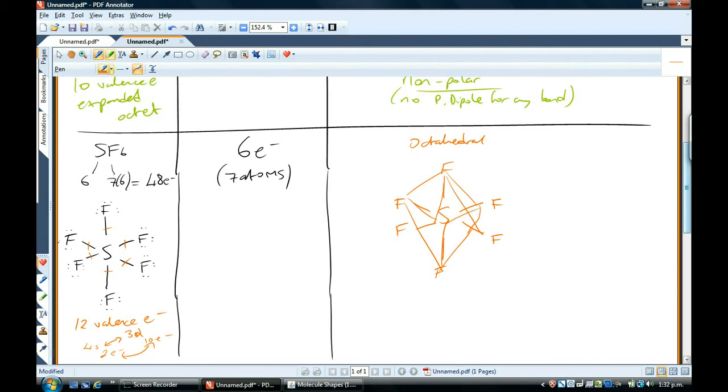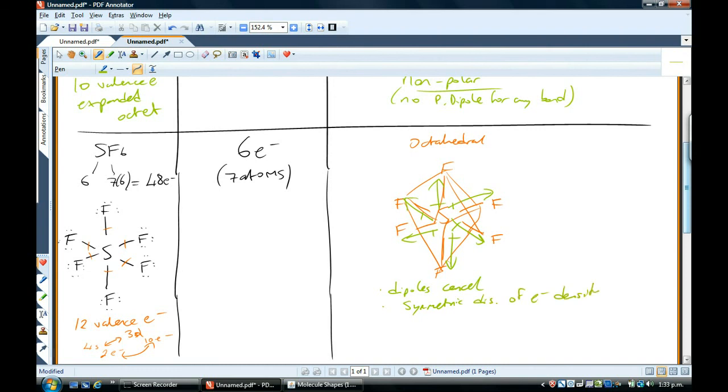So in terms of polarity, hopefully it's straightforward enough to see that an octahedrally shaped molecule will be nonpolar, because although it has 6 different polar bonds, they're all pulling in completely opposite directions, and they're drawing that electron density in completely opposite directions. So the dipoles cancel. There is a symmetric distribution of electron density, just as before.